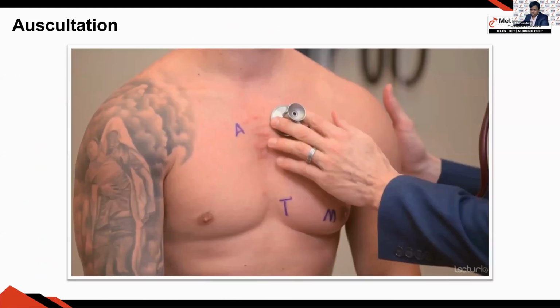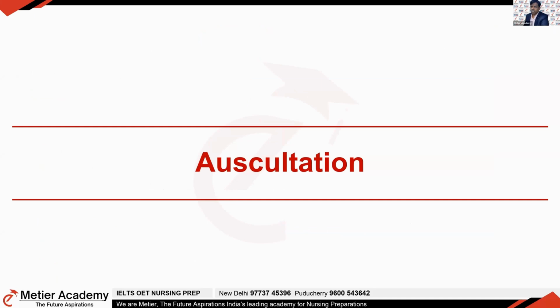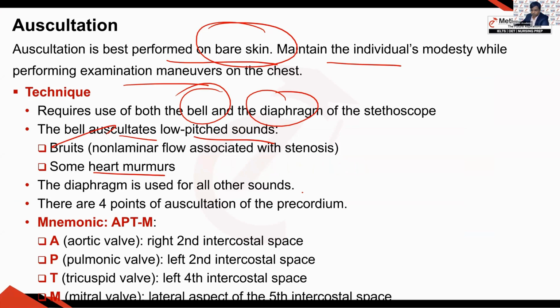I hope everyone knows the bell. This is the bell. This is the diaphragm. When they turn and keep it, that means they are going to find murmurs, low pitch sounds. And the bruit sounds, which are related to stenosis, they can also assess.